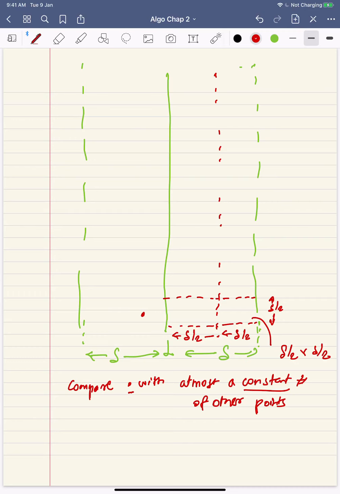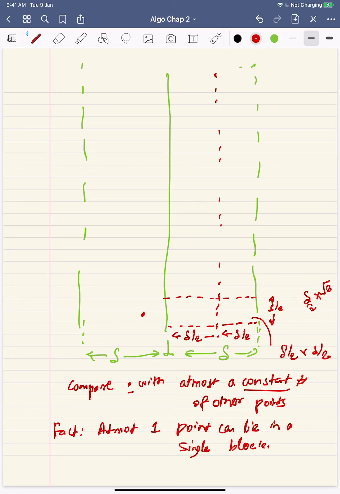First of all, this is easy, and once I do that, at most one point can lie in a single block. Can you see that? The highest distance within a block is the diagonal, that is delta by 2 times the square root of 2, which is less than delta.